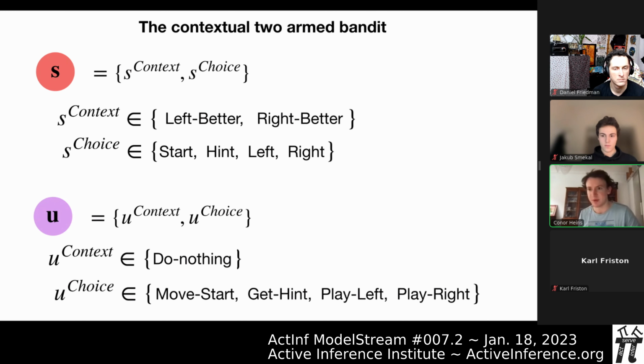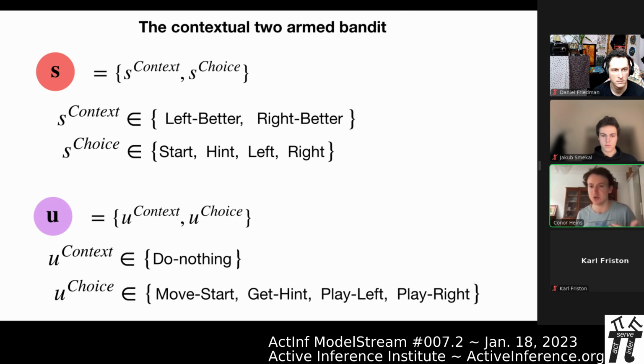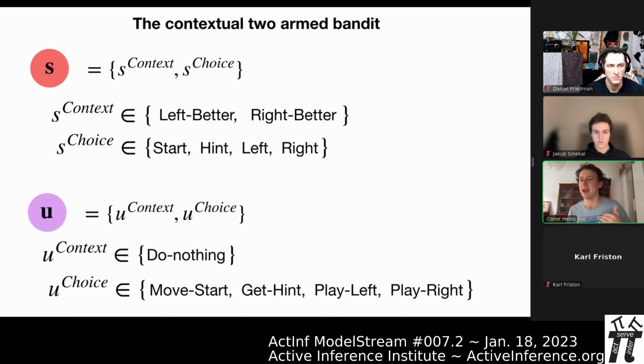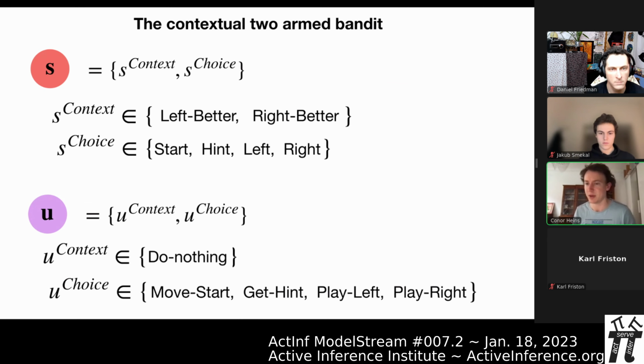So optimizing a posterior distribution over this choice control state factor, that's what action selection and planning boils down to: choosing what level of U choice, or inferring what the distribution over U choice is, and then sampling or taking the argmax of that distribution to actually make an action.